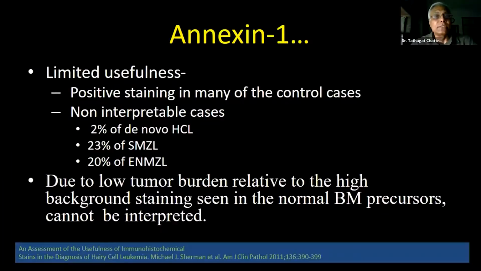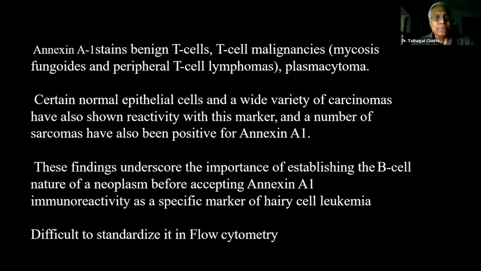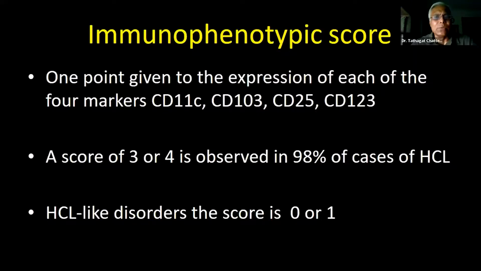So annexin 1 has limited usefulness because it positively stains many of the control cases. It is non-interpretable in 2% of de novo hairy cell leukemia. And of course, remember, due to low tumor burden relative to the high background staining, we cannot interpret annexin 1 that easily. So these are a few pieces of literature about annexin 1.